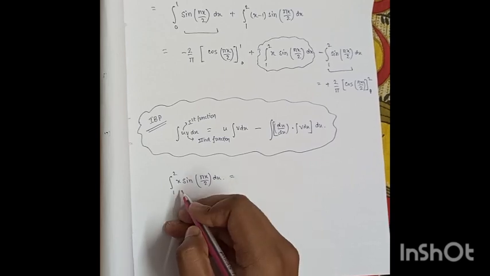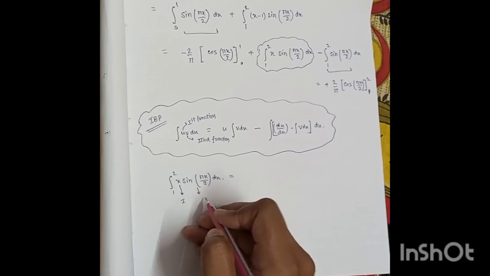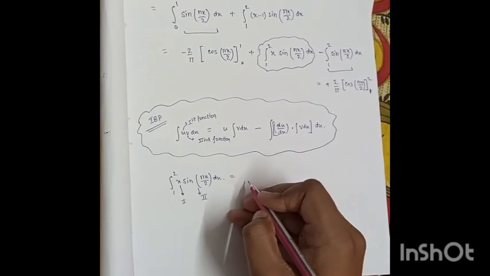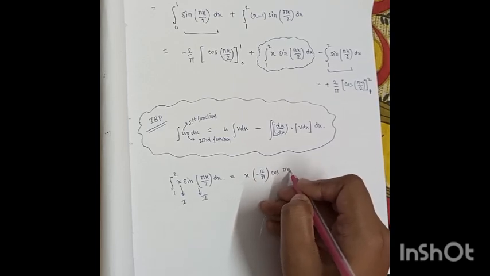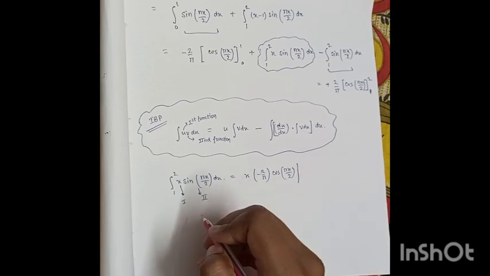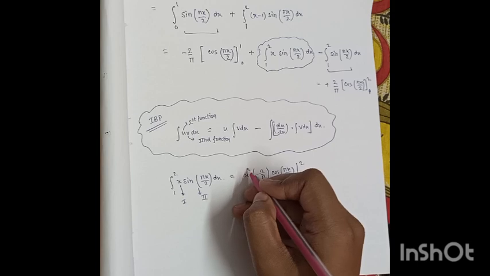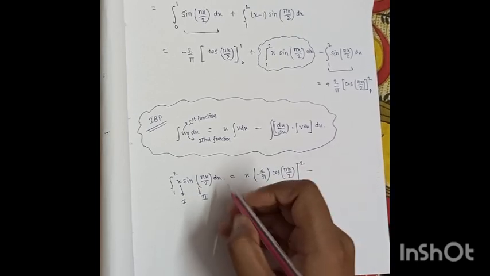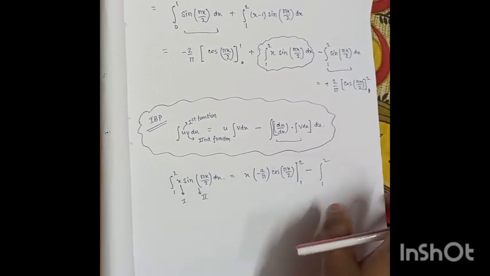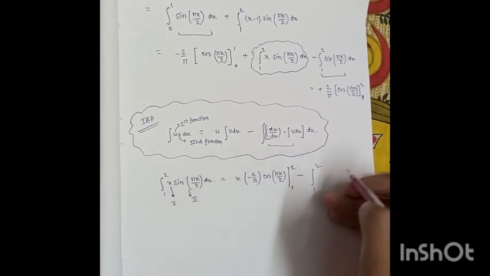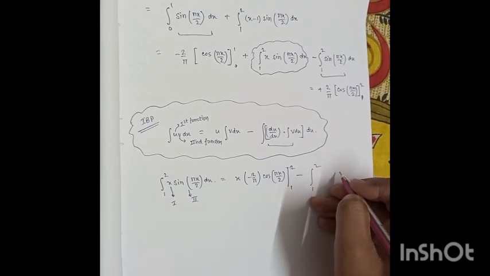So here we have to choose x as first function and sine pi x by 2 as second function. So this integration will be x times minus 2 over pi cos of pi x by 2, and as this is a definite integration, we have to put the limits from 1 to 2 in all of this part, minus, and now we have to write this part. So this is integration 1 to 2. Now the derivative of the first function is 1 and the integration of the second function is minus 2 over pi cos of pi x by 2.